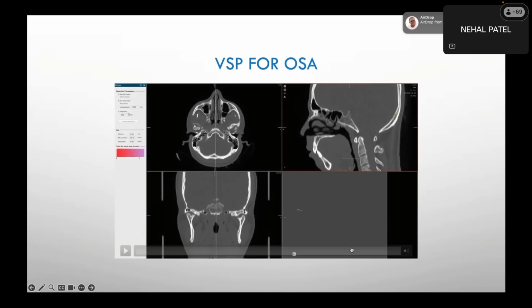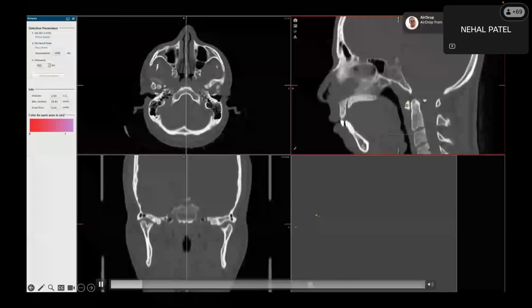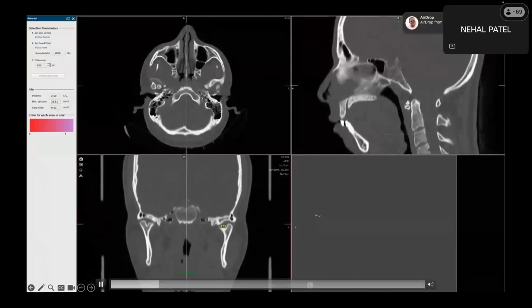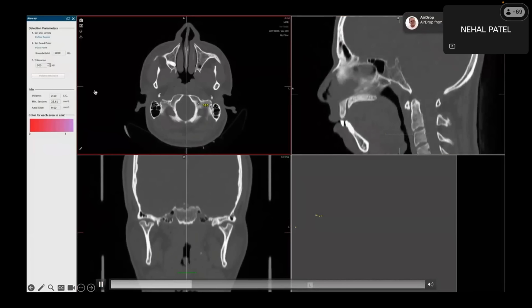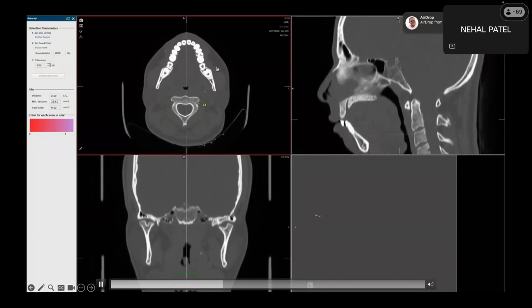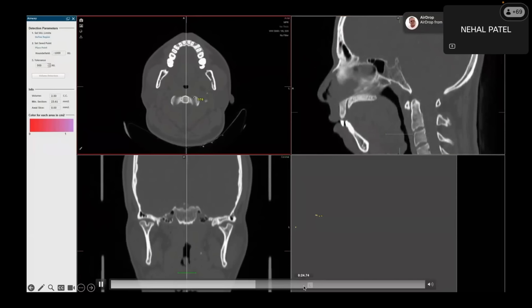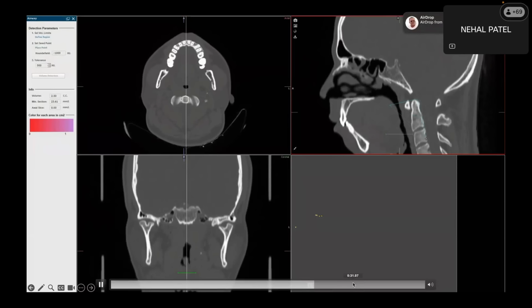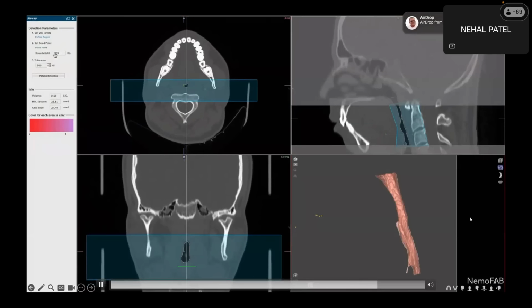We analyze the airway through virtual surgical planning. So this is a constricted airway here, and when I analyze the DICOM file, you can see the volume of this patient is too low.